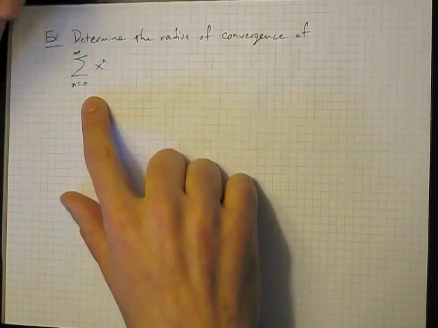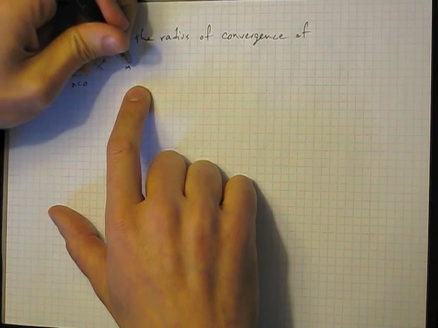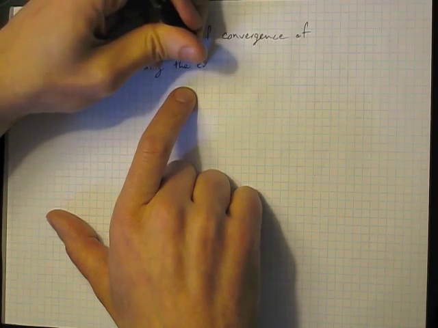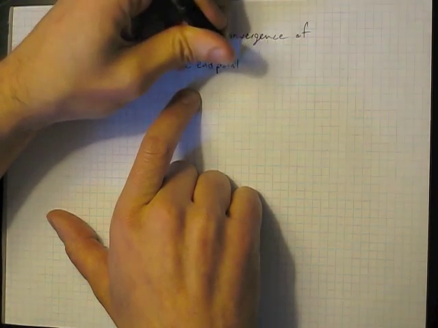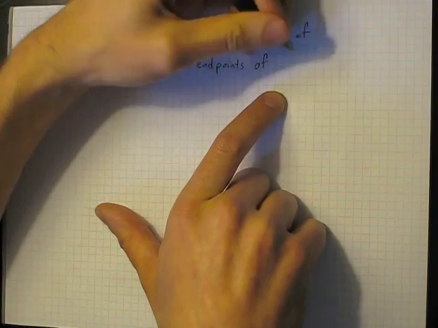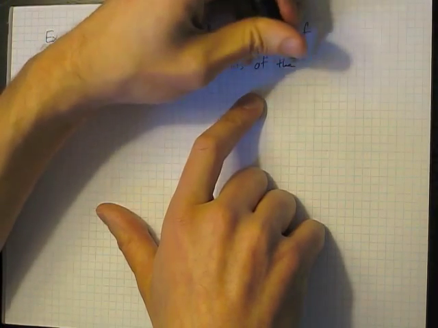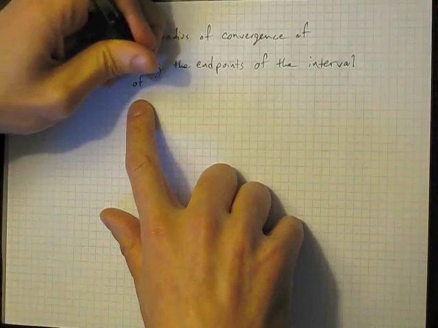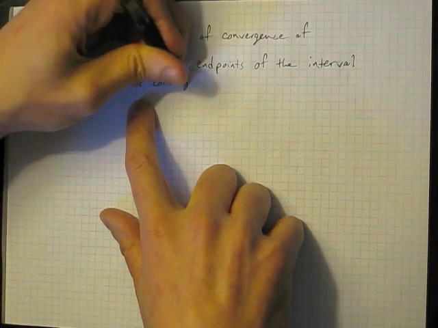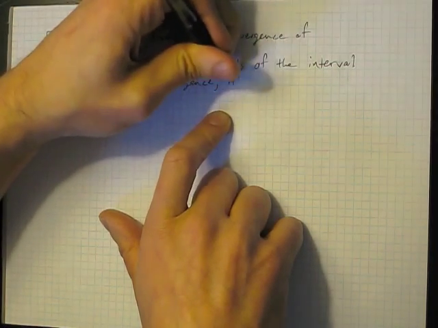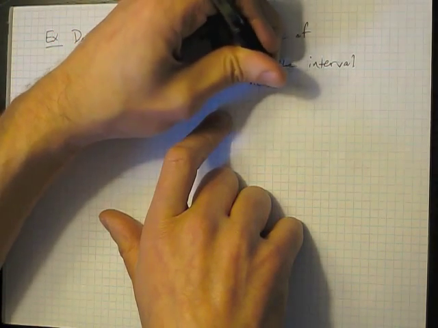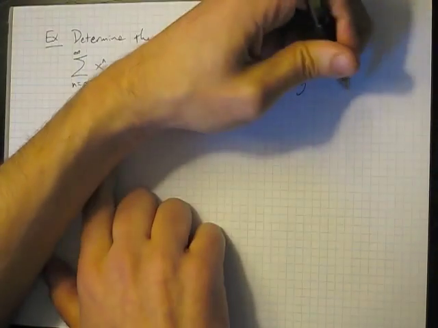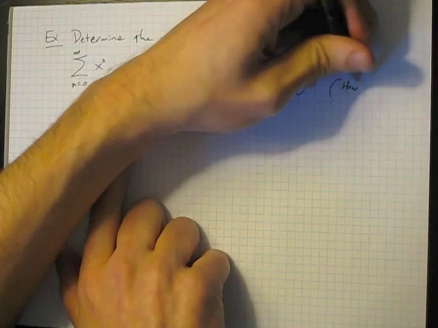Determine the radius of convergence of this, including the endpoints of the interval of convergence, if necessary. Okay, so this is exactly how the question will be asked.